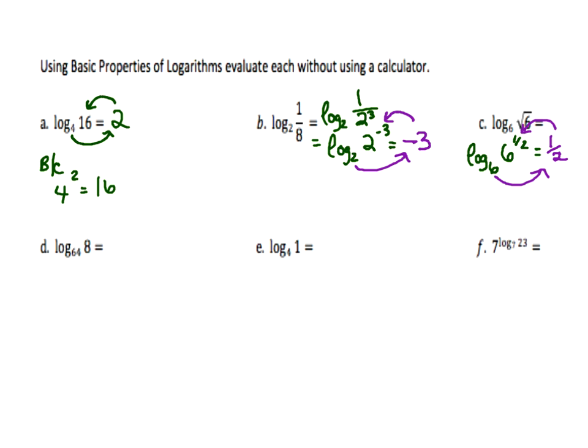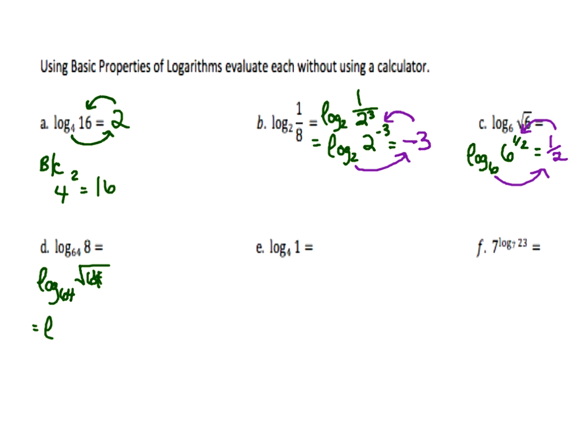All right, log base 64 of 8. So I'm trying to raise 64 to a value to make a smaller value, so I know that rational exponents were involved. Okay, so 8 times 8 is 64. So 8 squared is 64. So this would be asking the same question, log base 64 of the square root of 64, because the square root of 64 is 8.